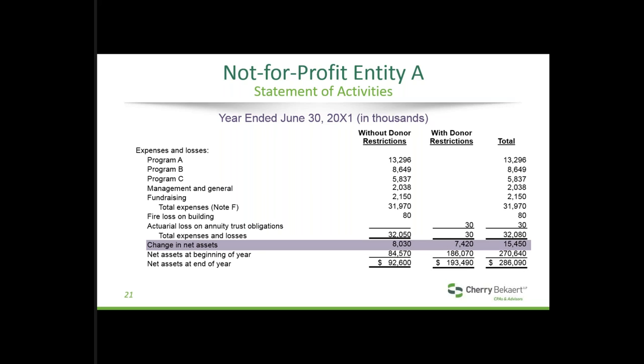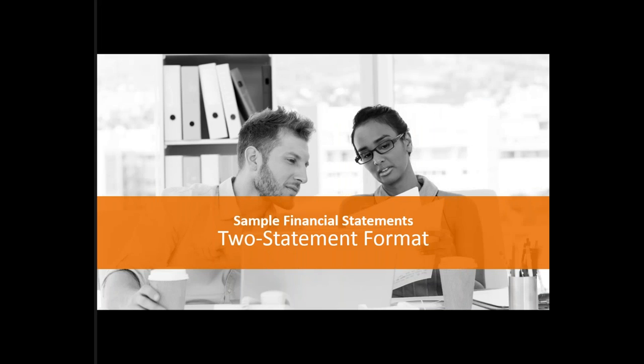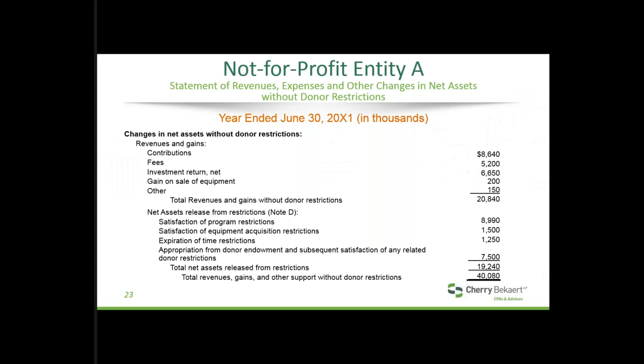So that's a great summary of when you're just doing the financial statement with the 1 column and with the multi-column. And now maybe we could move into the 2-statement formats and give an overview, an example of what this would entail. Yeah, so this is another option, and this is new.